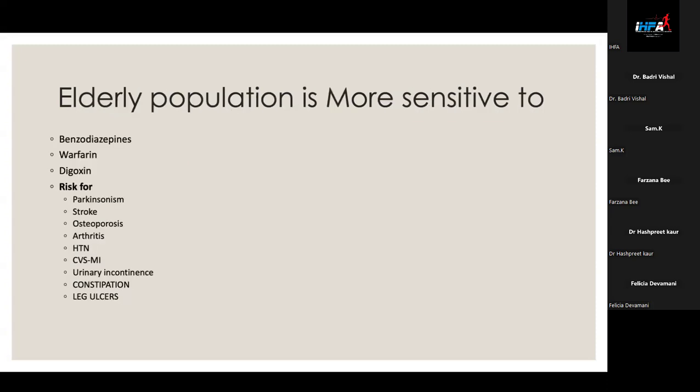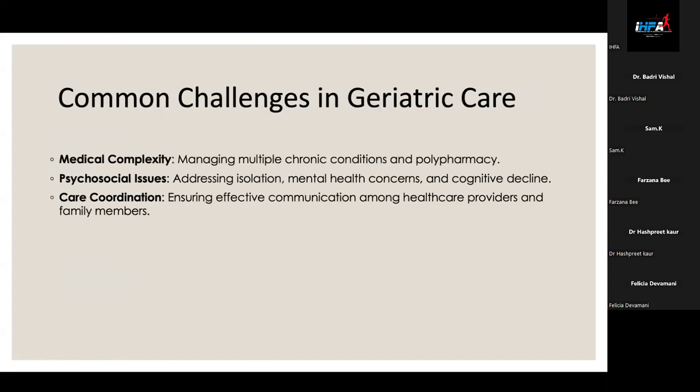The elderly population is more sensitive to benzodiazepine, warfarin, and digoxin, which puts them at risk of Parkinsonism, stroke, osteoporosis, arthritis, hypertension, cardiovascular disease like myocardial infarction, urinary incontinence, constipation, and leg ulcers. So we need to be sure that we do not make the patient fall under any of these categories, and if any of the symptoms are there, we need to consult with the doctor as soon as possible.